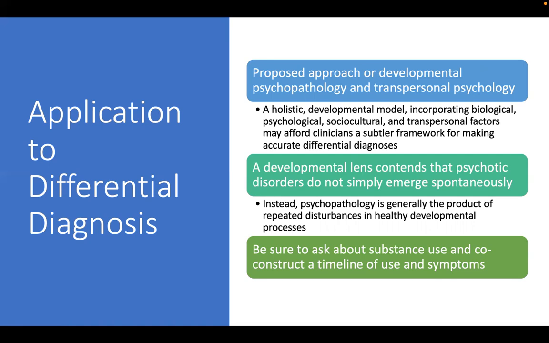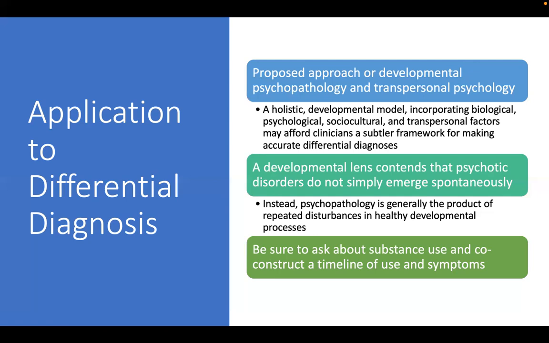The developmental lens contends that psychotic disorders do not simply emerge spontaneously. So again, this is where you are adding in that historical interview, so you're getting a larger, more robust, rich picture of the individual.